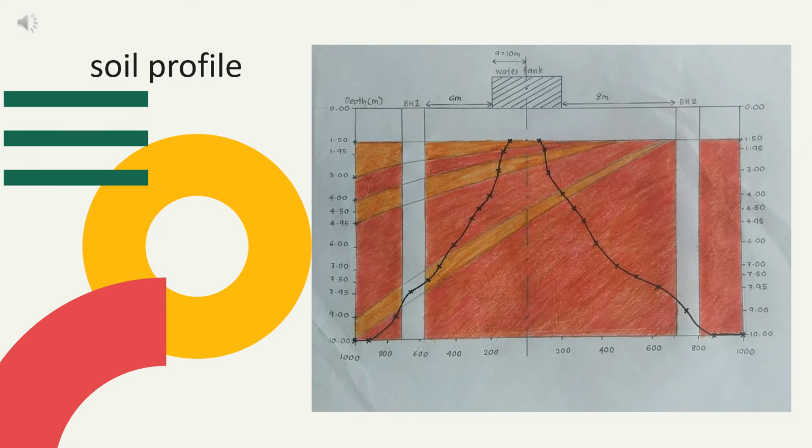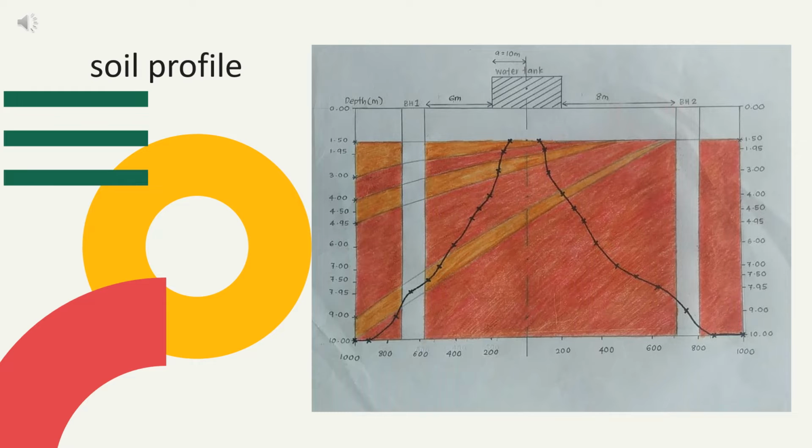the yellowish brown color is a type of clay and the red brownish is the type of silty clay. So we can know the different types of soil based on the color.